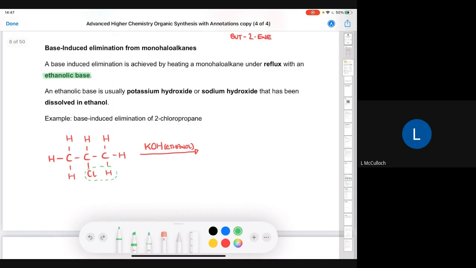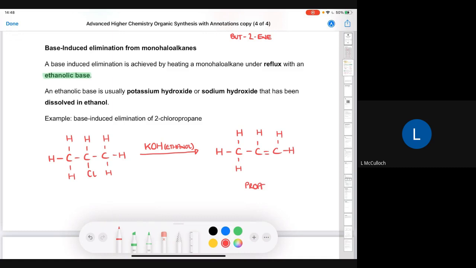So there's only one possible product that we can get here. So if we look at the product, popping my double bond in between the carbons that I have eliminated the atoms from. And what we are going to end up with here is propene.